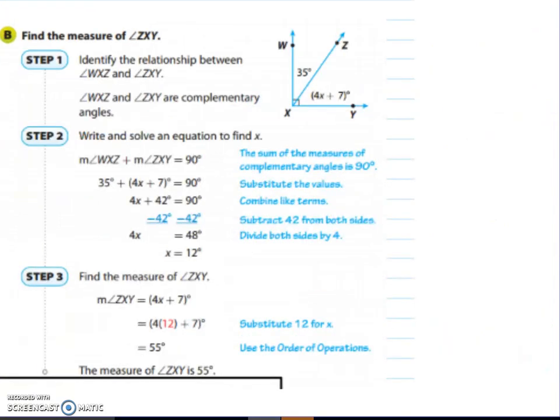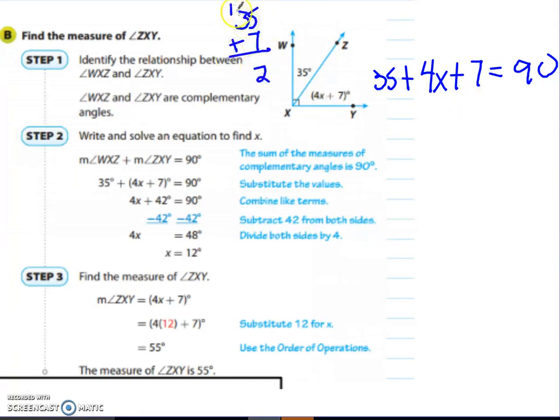All right. Okay, we have 35 plus 4x plus 7 equals, this time, 90. First, I want to combine like terms, so I want to combine 35 and 7. So 35 plus 7 is going to get me 42.